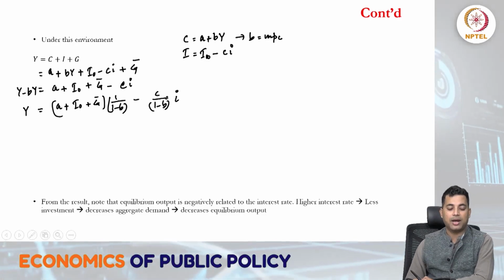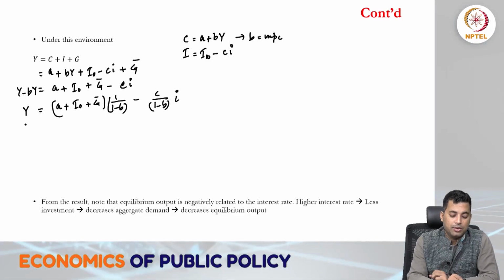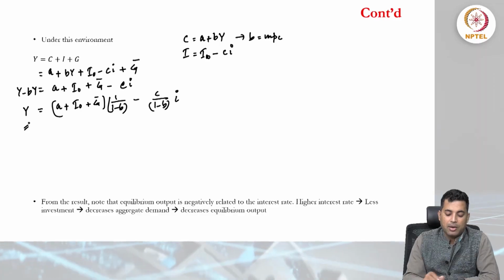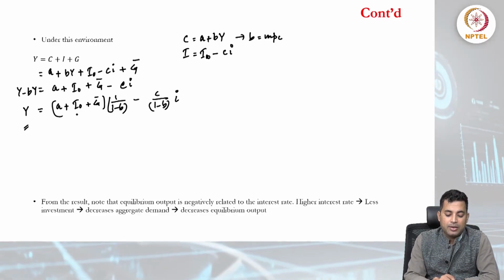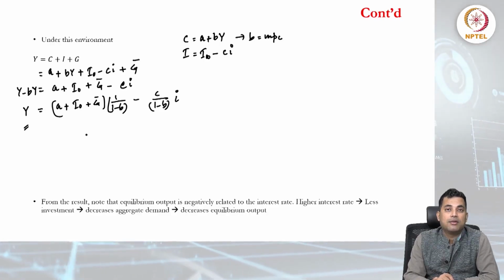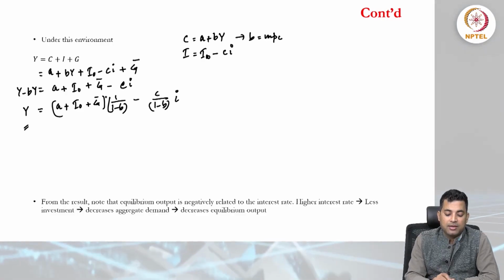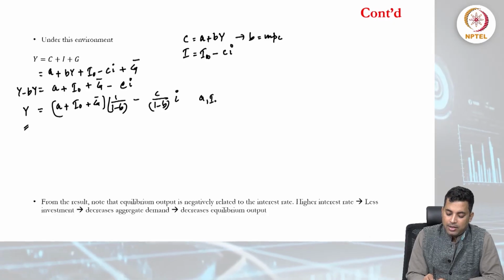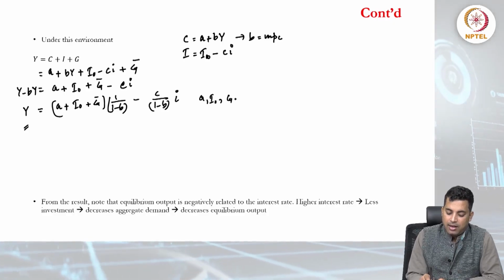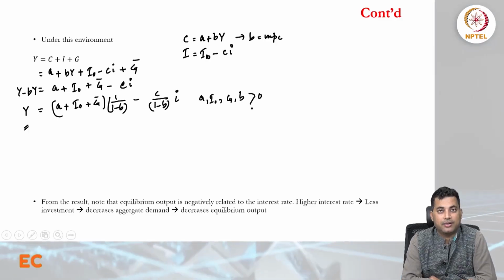This is the equilibrium output, which depends on all the constant factors and is positively related to them, because I naught, G and b are all positive, all greater than 0.